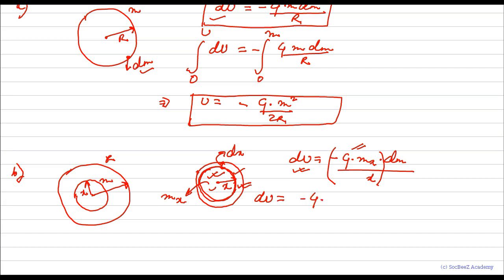Now this m_x can be written as the volume of the sphere of radius x into the density of the total sphere, so dU is minus G into m_x into dm upon x.